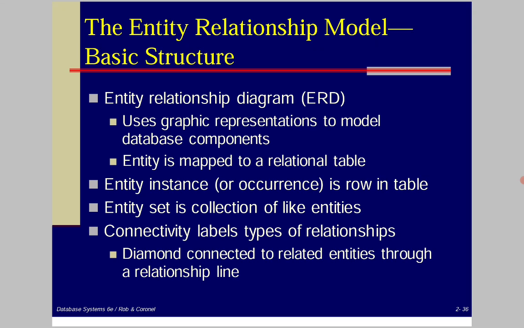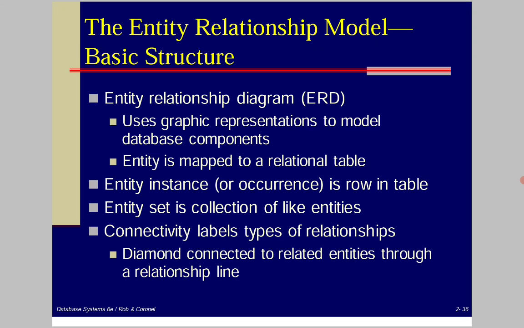An entity is mapped to a relational table. An entity instance or occurrence is a row in a table. An entity set is a collection of like entities. Connectivity labels types of relationships. A diamond is connected to the related entities.